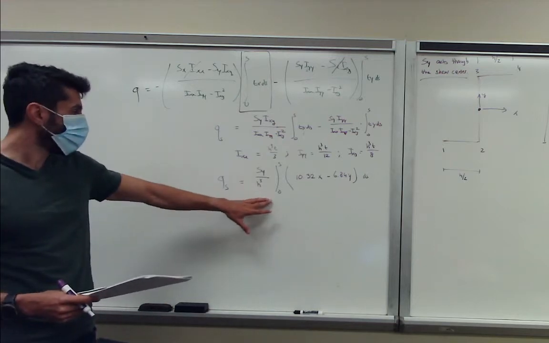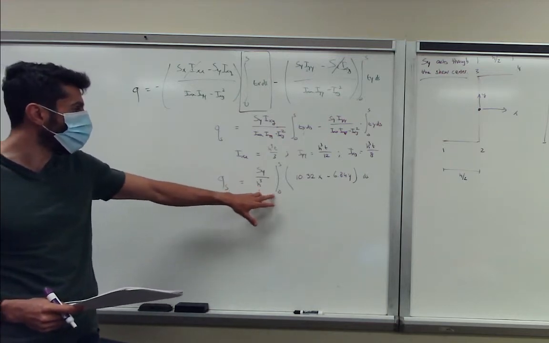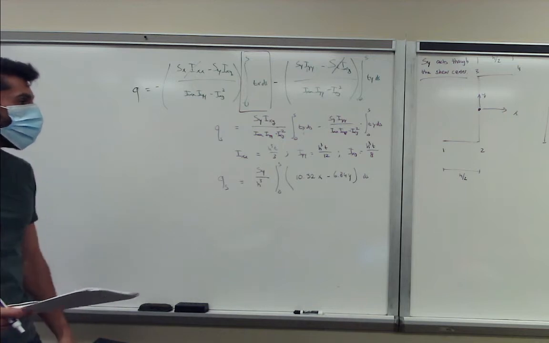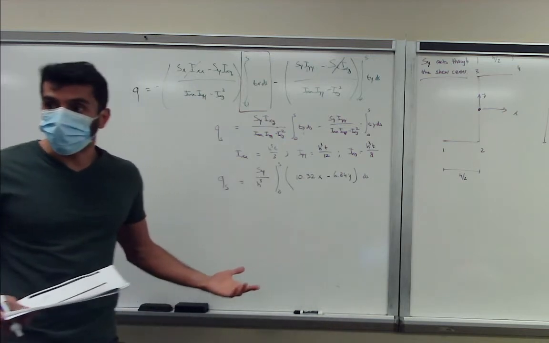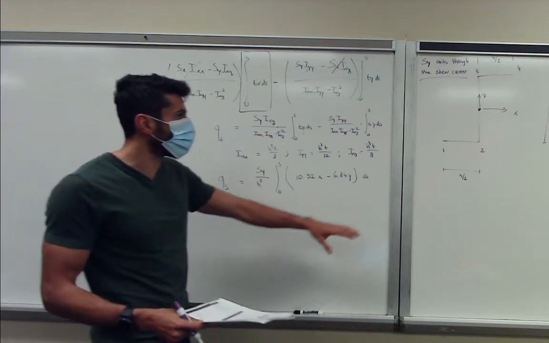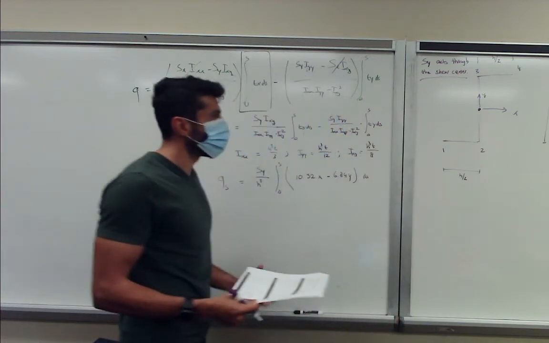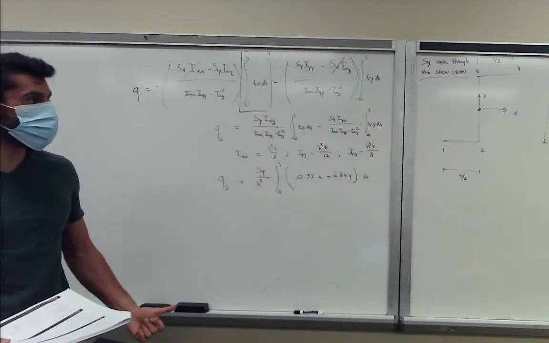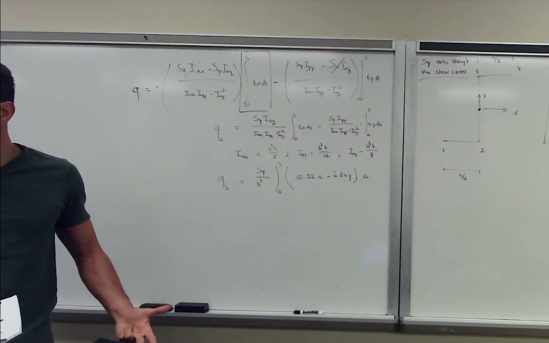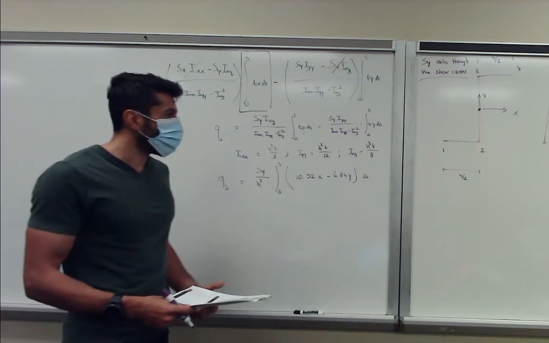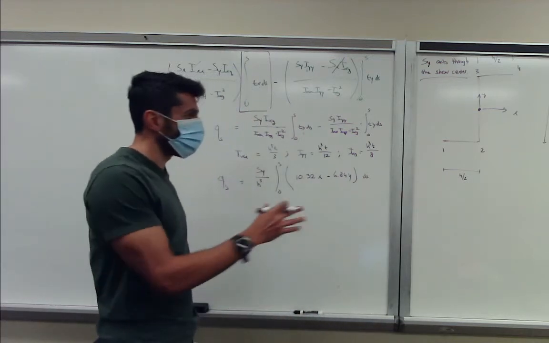Well, 0 to s is basically the shear flow around a segment, or a certain path. So in this case, if you look at our structure, we have basically 3 segments: 1, 2, then 2, 3, and 3, 4. So we are taking this integral at each of the 3 different segments.